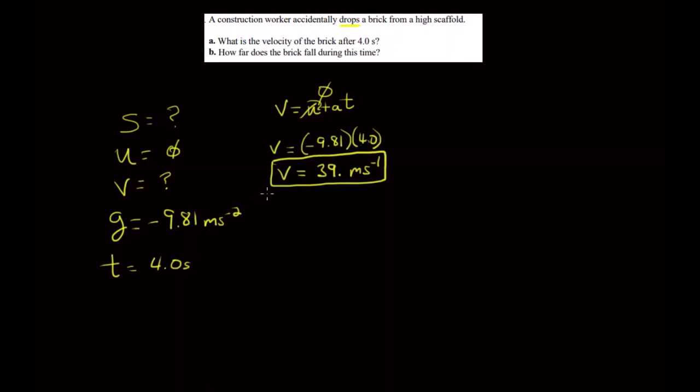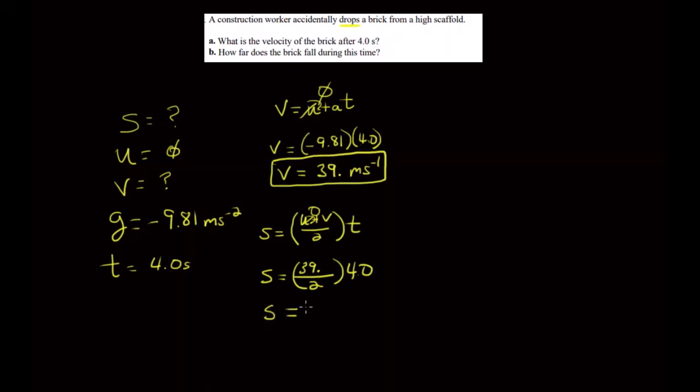And so it wants to know how far the brick fell. And so I can use s equals, and this is really nice, we don't even have to adjust our equations here, u plus v over 2 times time. So s equals, u is 0, and here I am using my final velocity, but I happen to know it's right. 39 divided by 2 times 4.